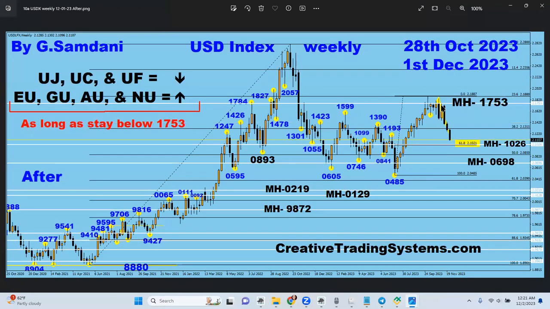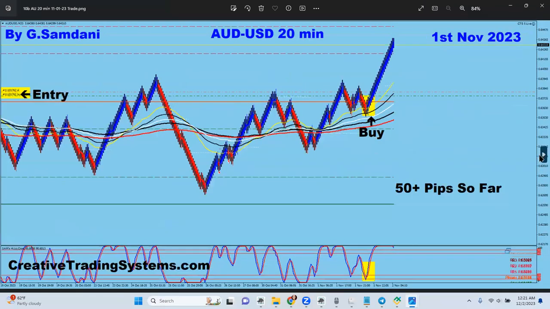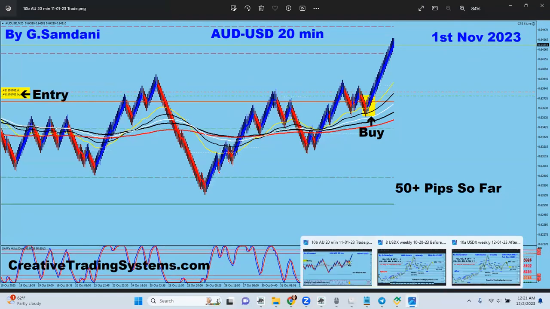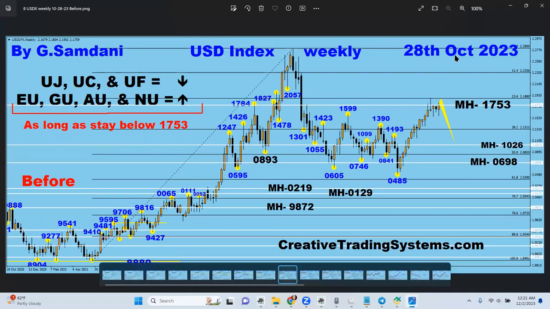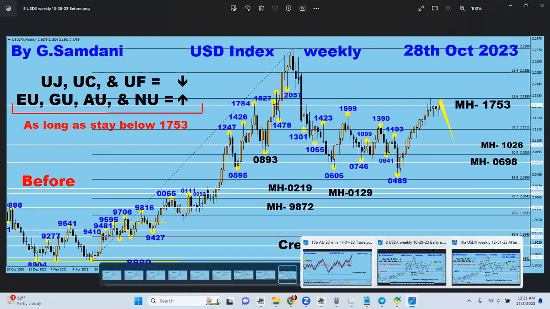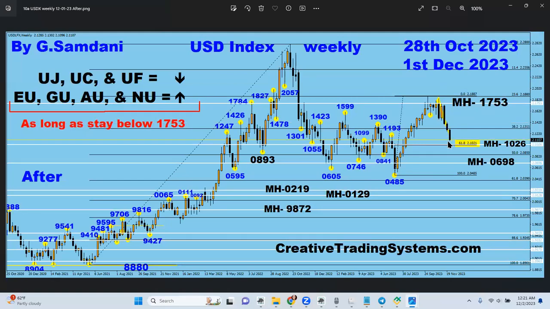I'm going to show you my trades from here to here, only in the month of November, taken from the 1st of November. Only the trades involving USD pairs. Look how many there are, based on this US dollar index chart from the end of October till the end of November. October 28th to December 1st.